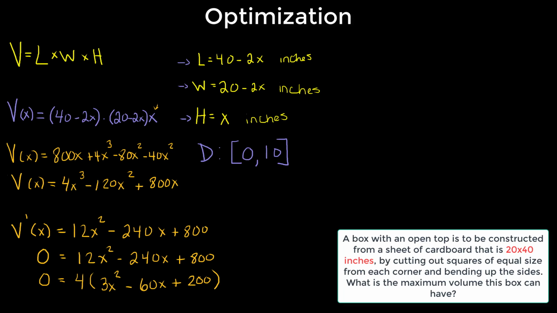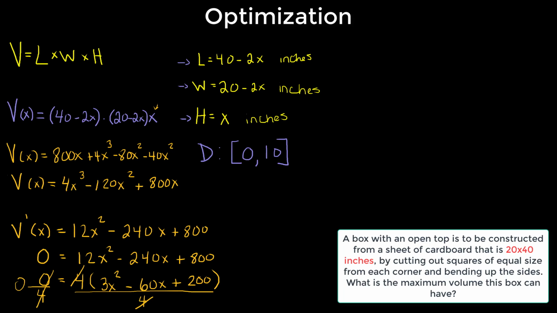Before we use the quadratic formula, we can divide both sides by 4, which will make our lives a little easier because we won't have to deal with a pesky constant. The 4's will eliminate from the right side, and 0 divided by 4 is still 0. So we'll be using the quadratic formula on 3x squared minus 60x plus 200.